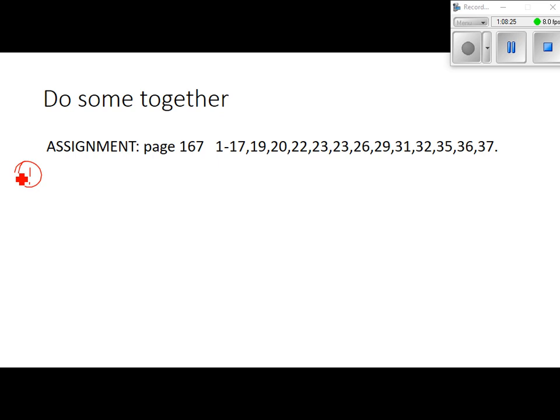Number 1 says P and Q. Somebody help me out and tell me what statement they give us for P. -3 - 2 equals -1. This is what you would write down on your paper. They already told us the word is and this time, right? What's Q? Vertical angles are congruent.